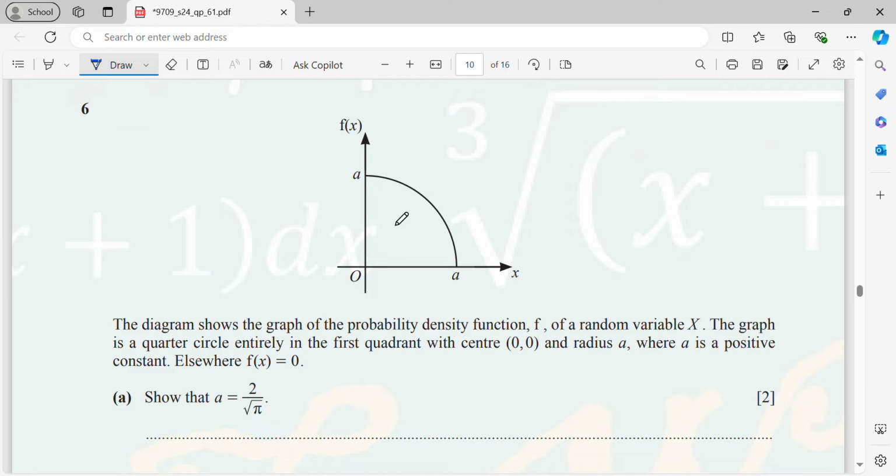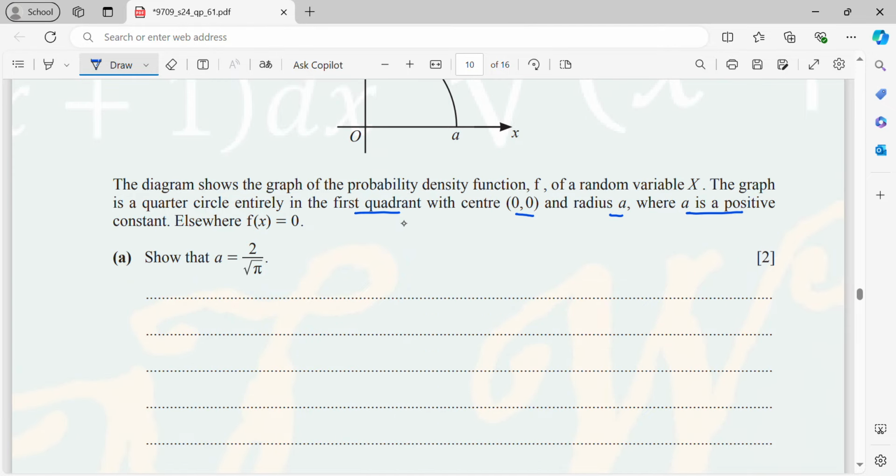For question number 6, the diagram shows the graph of the probability density function f of a random variable X. The graph is a quarter circle entirely in the first quadrant with center at the origin and radius a, where a is a positive constant. Elsewhere, f(x) equals 0. Show that a equals 2 over square root pi.